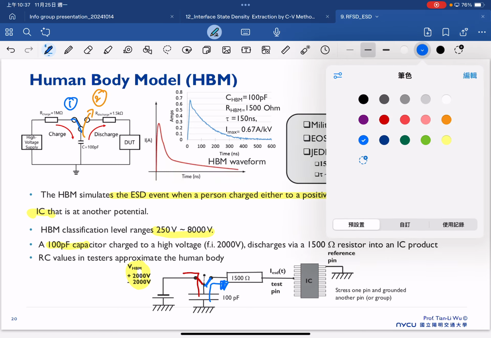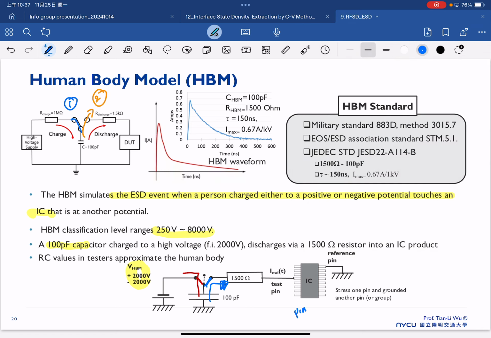So we need to test pin to pin. Here are some of the standards: we have the military standard, the EOS/ESD Association standards, and also the JEDEC standards. The typical HBM waveform is shown here.